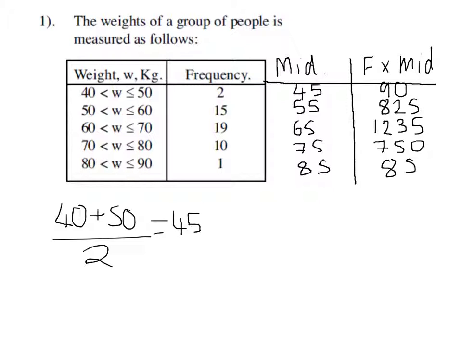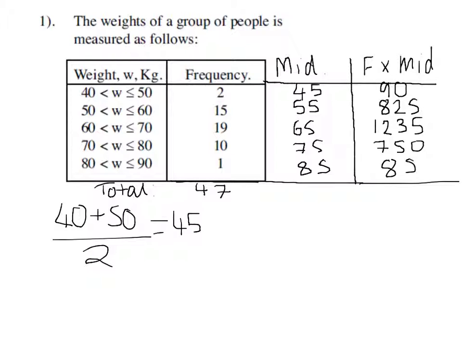Okay, so this is a point where some people make mistakes. We're now going to work out totals, but only for this column and this column, not for your midpoints. We're not interested in a total for the midpoints, only the frequency and the frequency times the midpoint. So if you look at the total for the frequency, it's 2 plus 15 plus 19 plus 10 plus 1, which gets you 47.